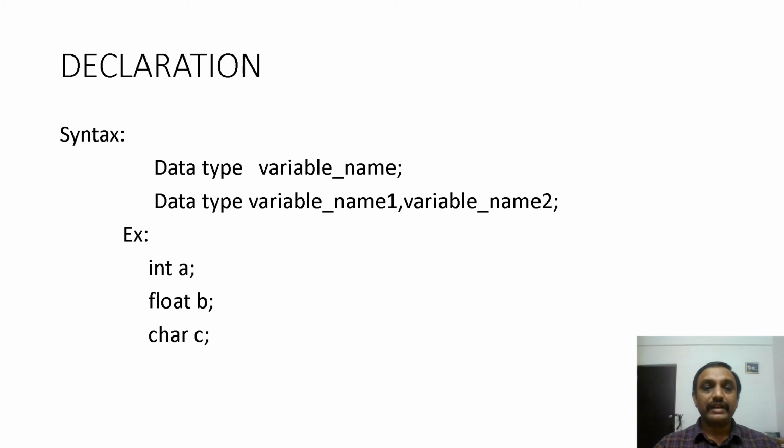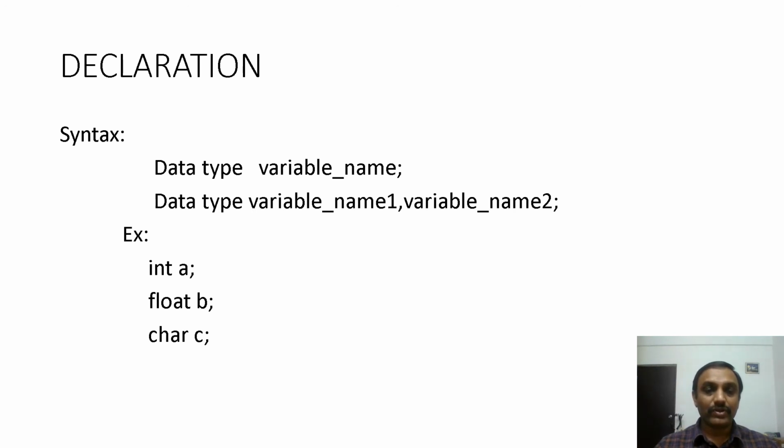Next one is declaration. What is the purpose of declaration? You are informing the compiler that in this particular variable I am going to store this type of data.